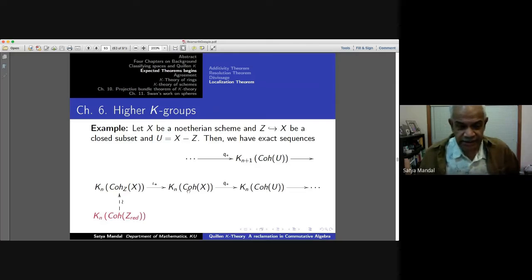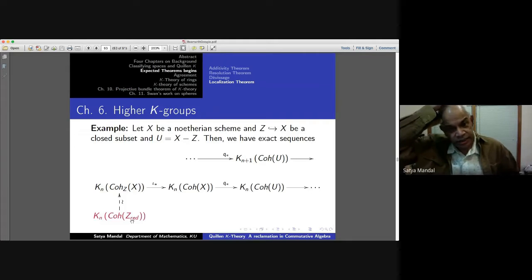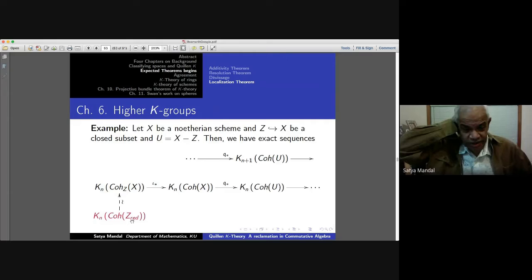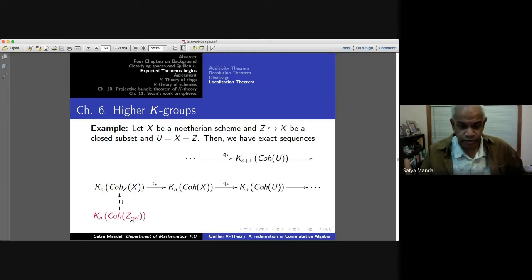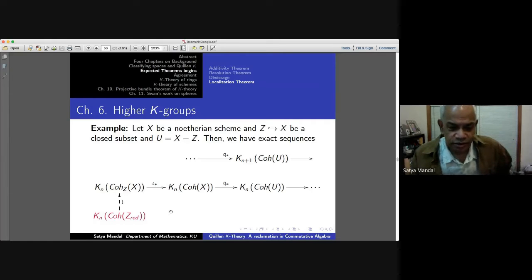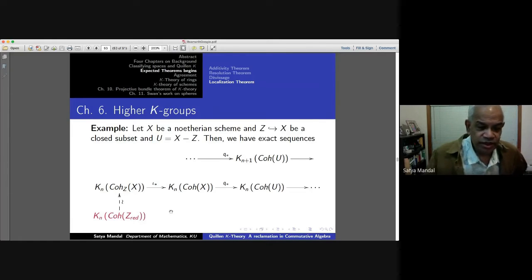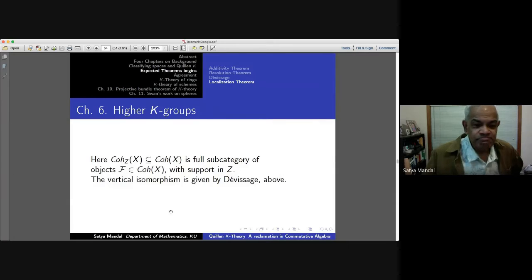So you have a map. That's an exact functor easily, and that can be identified, using the dévissage that I just stated, to the K-theory of coherent sheaves on Z reduced. A closed subset has many subscheme structures, so you can pick one, and I pick the reduced induced closed subscheme structure. Okay, good.